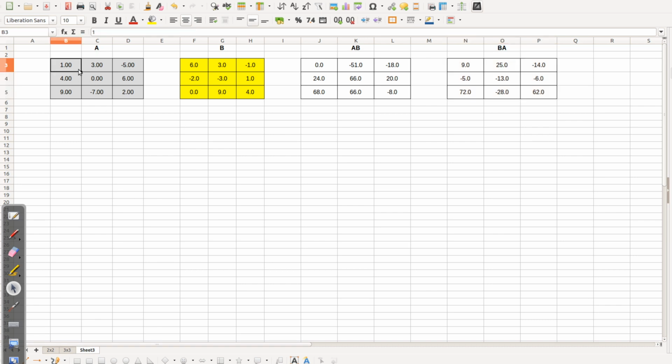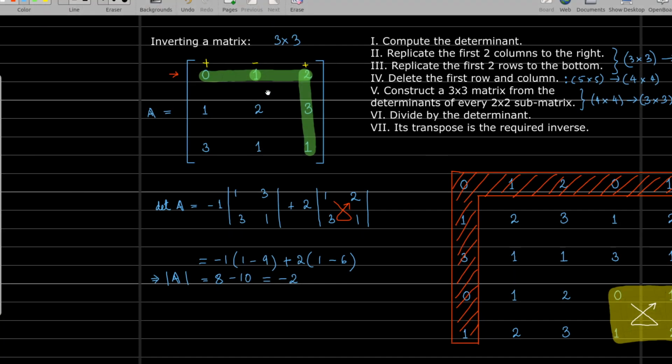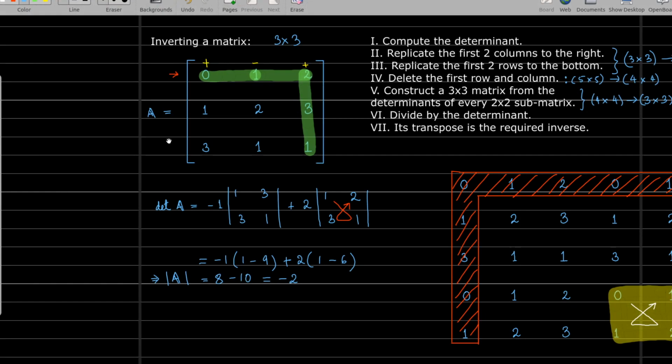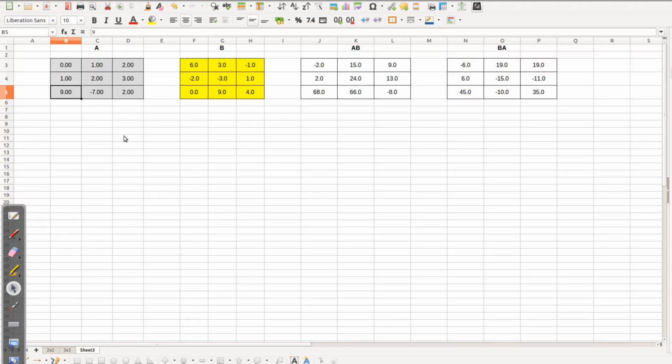We have 0, 1, 2, then 1, 2, 3, then 3, 1, 1.